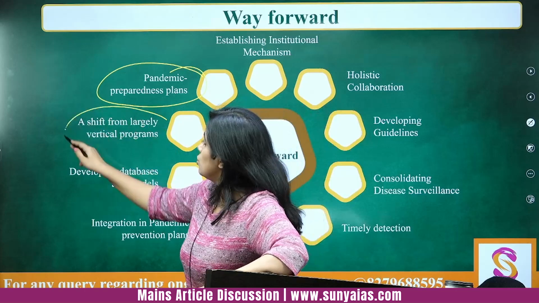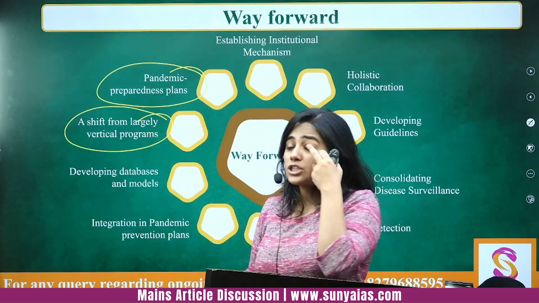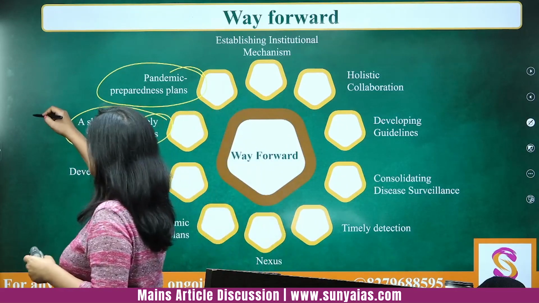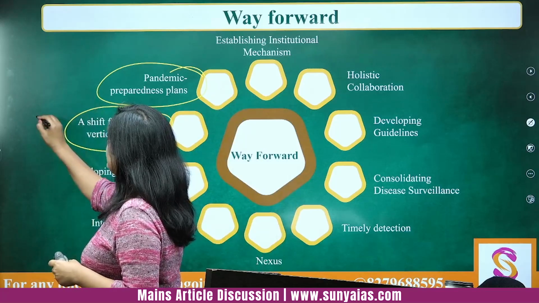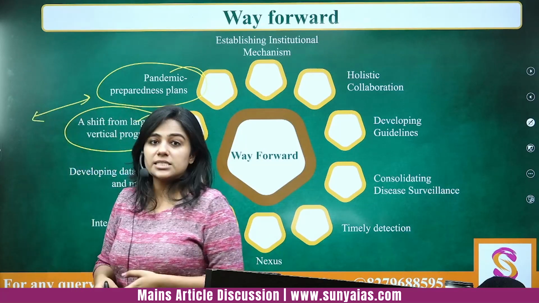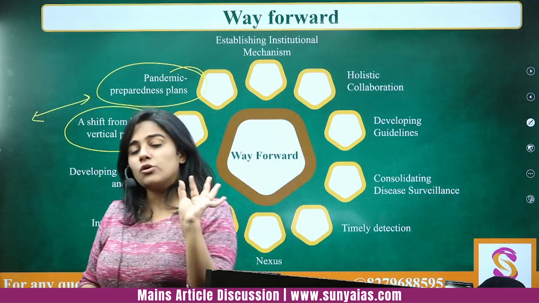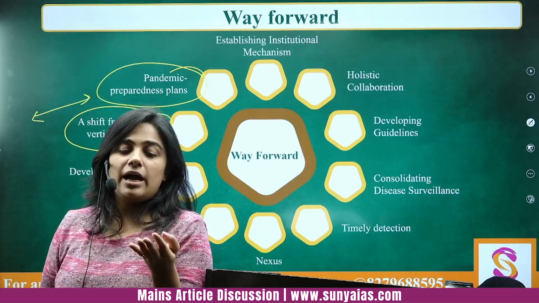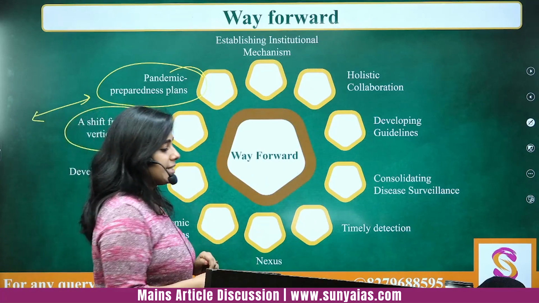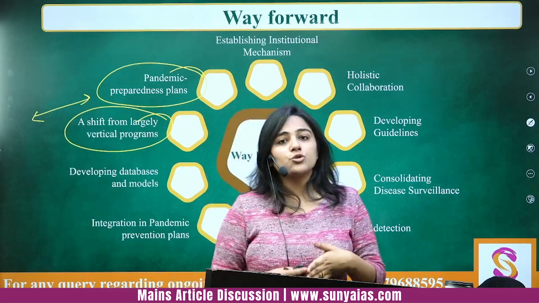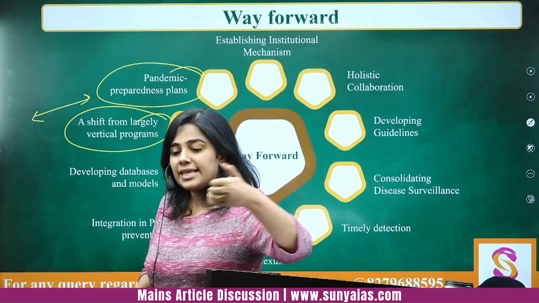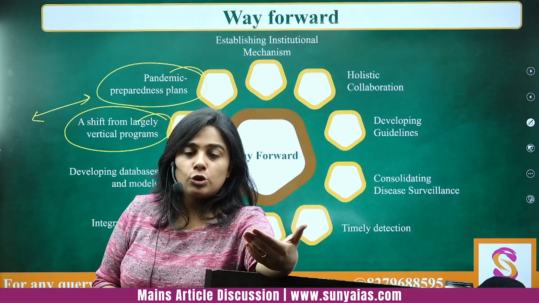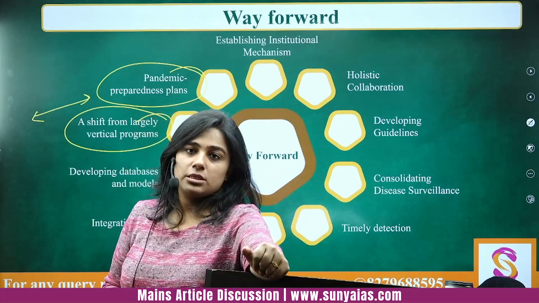Okay, so we need to prepare pandemic preparedness plans. We need to shift from largely vertical programs. For example, we need to expand our base of diseases. Right now, our focus is on rabies, Nipah, and more recently COVID-19, etc. But there are so many more diseases that can spiral into more and more mutations.